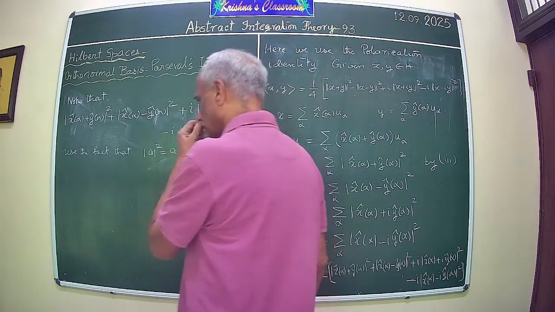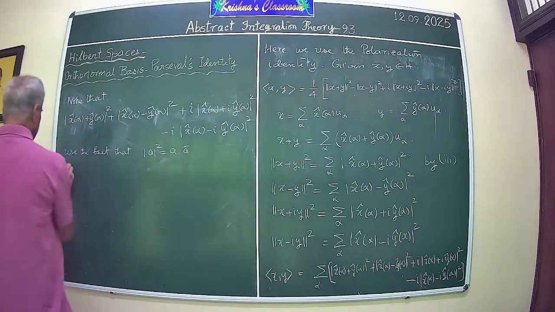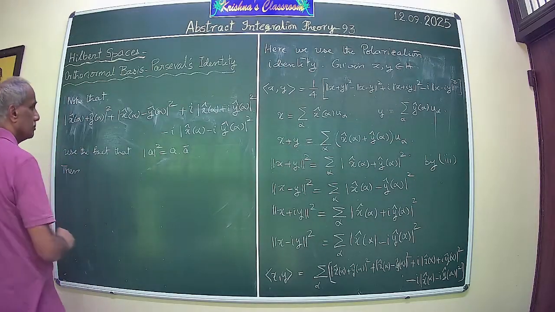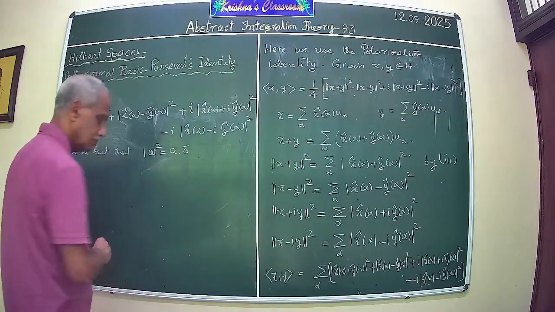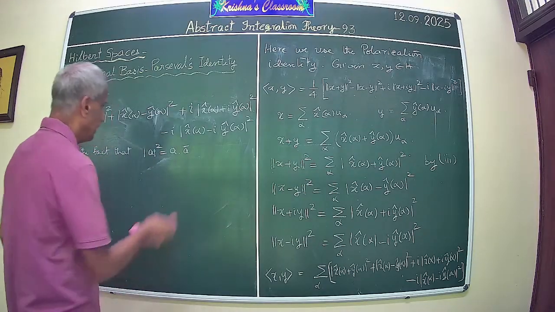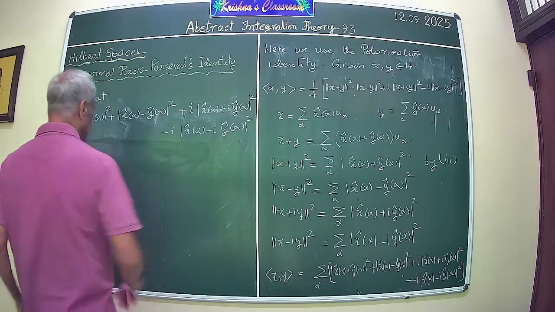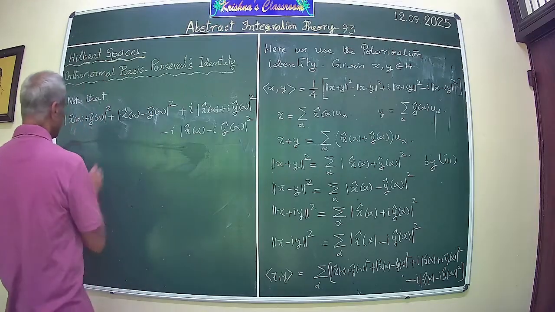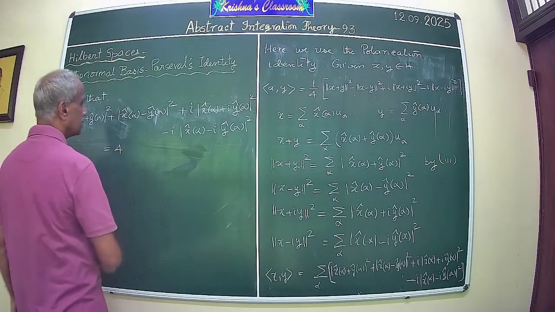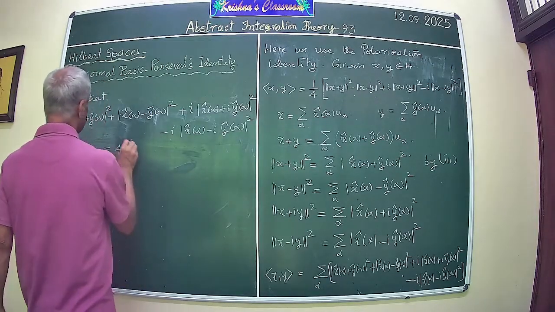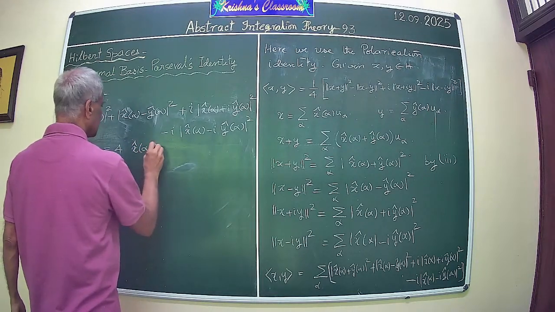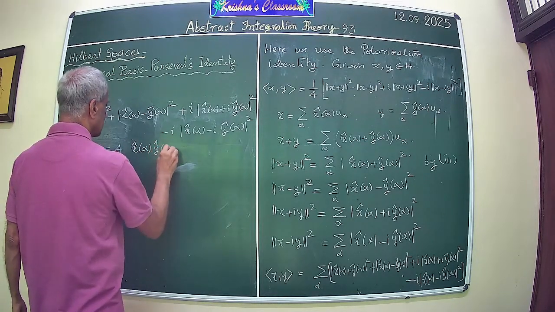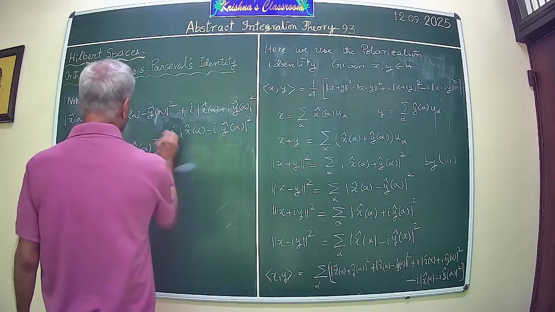What is the final outcome? This is equal to 4 times the conjugate.